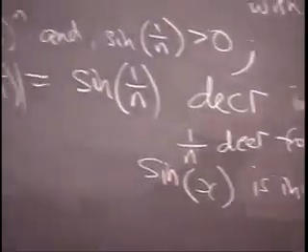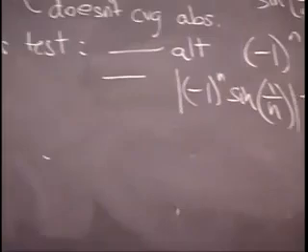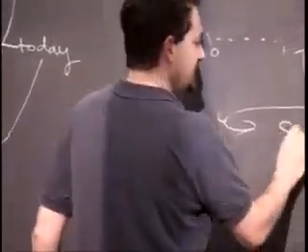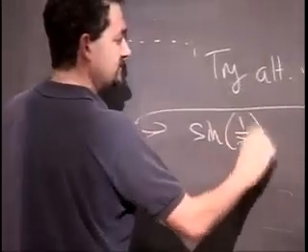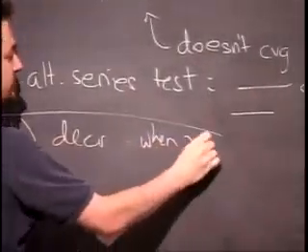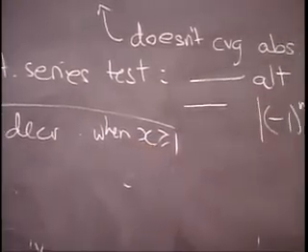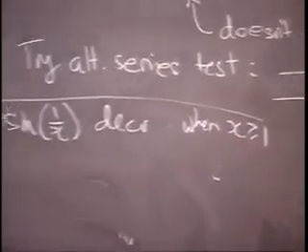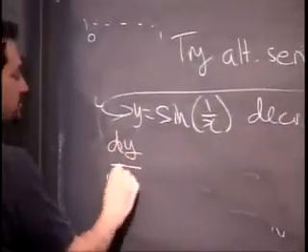That's fairly feeble, so maybe I better use a derivative. Let's just expand that over here, just to make sure. I claim sine 1 over x is decreasing when at least x is bigger than or equal to 1. Let's just differentiate it. dy dx, use the chain rule.